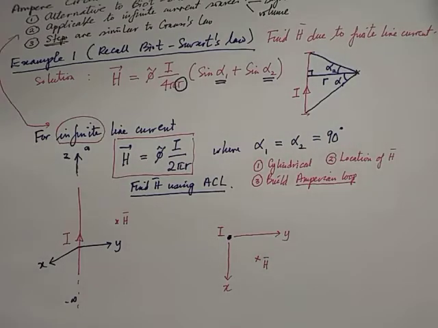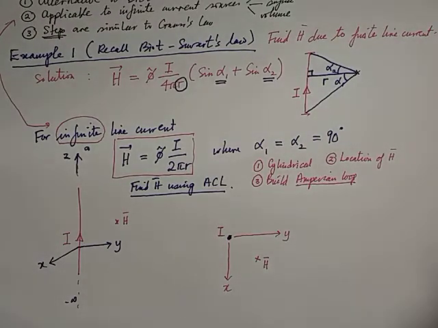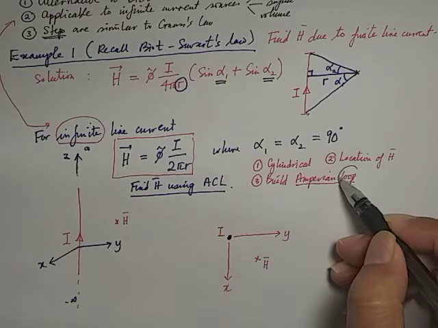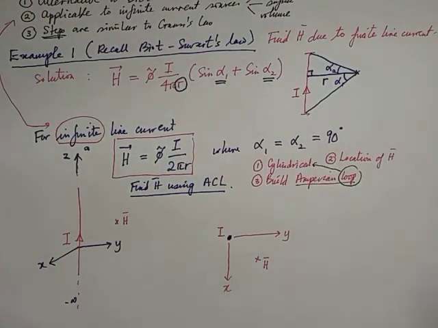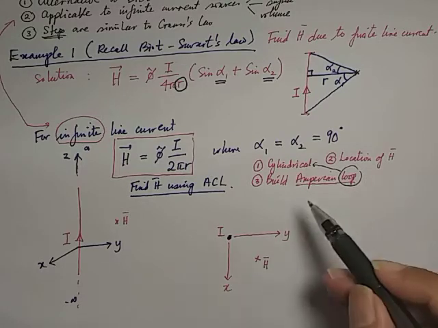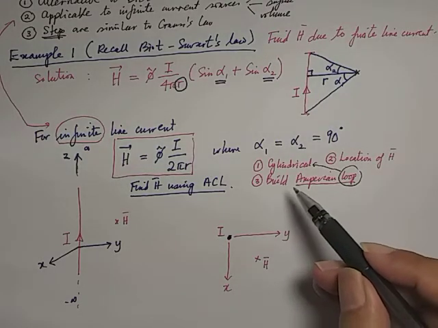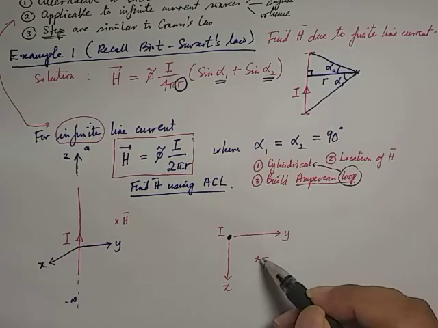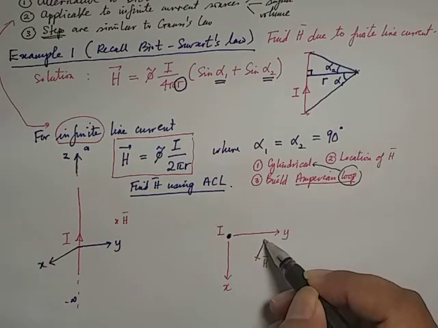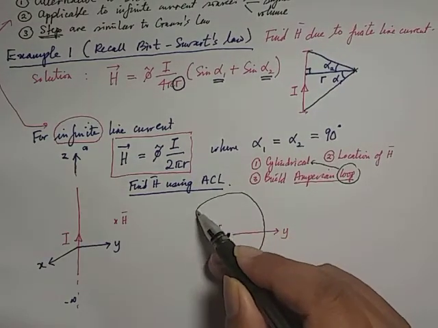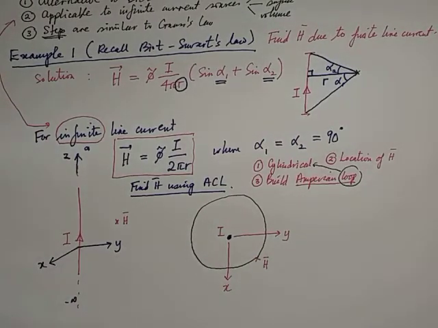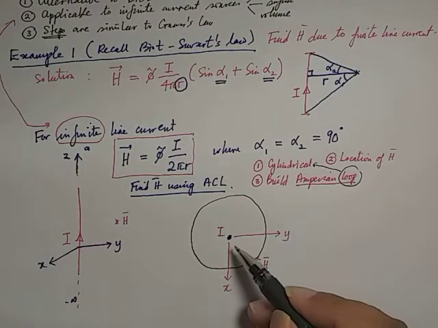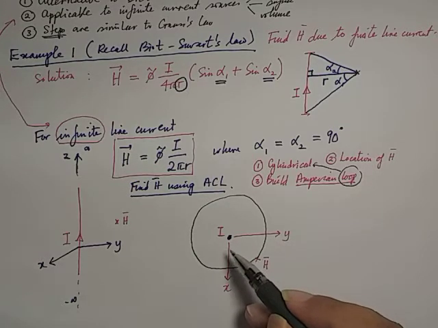Okay, so therefore I'm going to draw my loop. The loop must be selected to be agreeable to the coordinate system that we choose. We already chose the coordinate to be cylindrical, so my loop is now going to be a circle, where the center of the loop coincides with the position of the current.